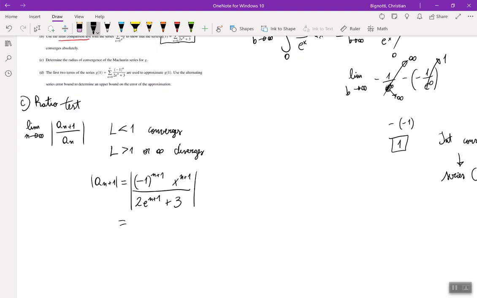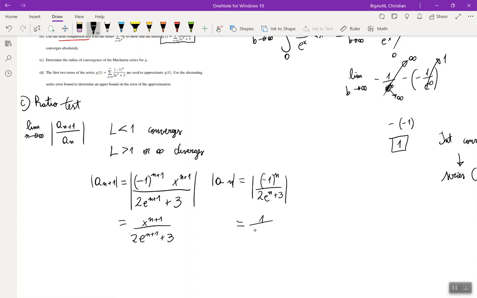Absolute value of that. We can take out the -1, just leave the x on top: x^(n+1) over 2e^(n+1) + 3. So we have the first part of the fraction. The second part would be the absolute value of a_n, (-1)^n x^n over 2e^n + 3, absolute value of that.